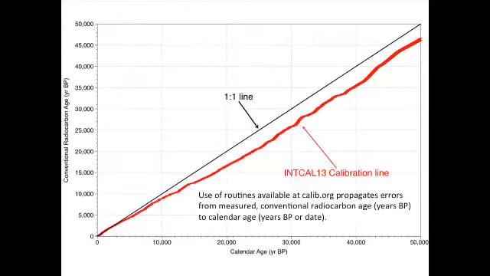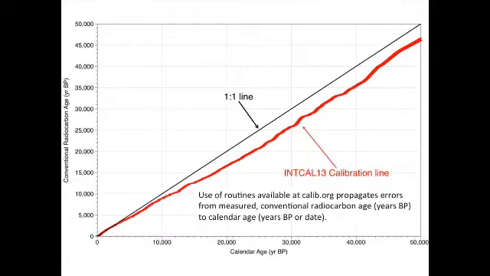So here's the way the calibration now looks. On the vertical axis, we have the measured radiocarbon age from that very rudimentary equation that was on the first slide. You calculate, and an analytical laboratory will report to you a radiocarbon age.